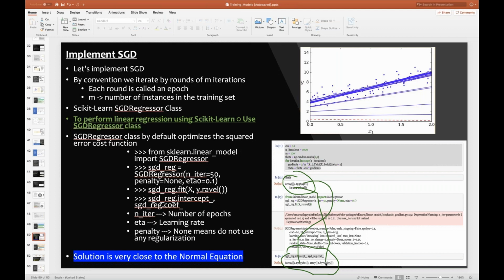What does it mean? Whichever way you prefer to train your model, you need to know the difference between what the normal equation does and what the stochastic gradient descent and the batch gradient descent do. Now look at these 10 lines. I told you earlier, look at these 10 lines here. 1, 2, 3, 4, again.